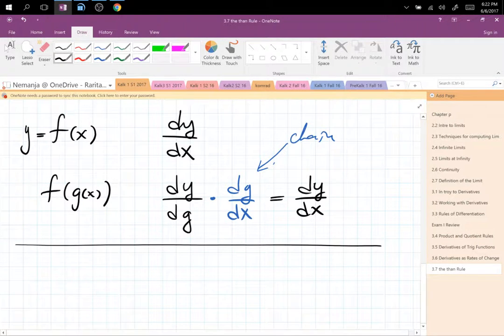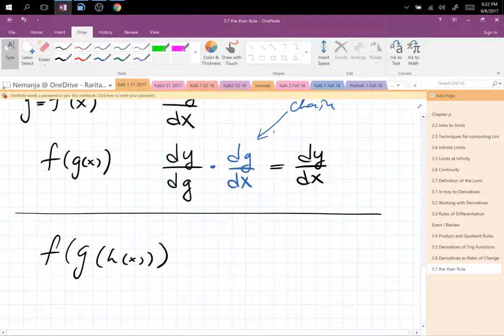Now, since this is a repeat, I'm just going to erase it because you have it above. So by this token, if I have multiple chained functions, I can chain 5 of these if I want to. You say f of g of h of x. How would the derivative go?